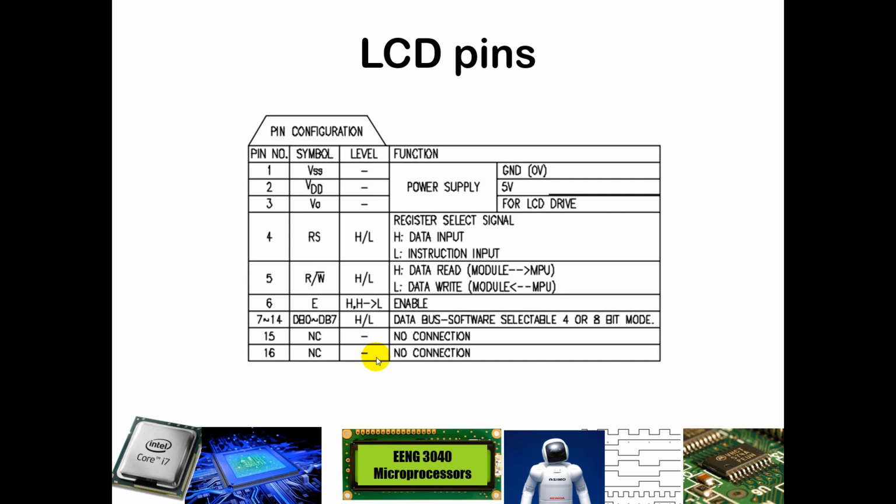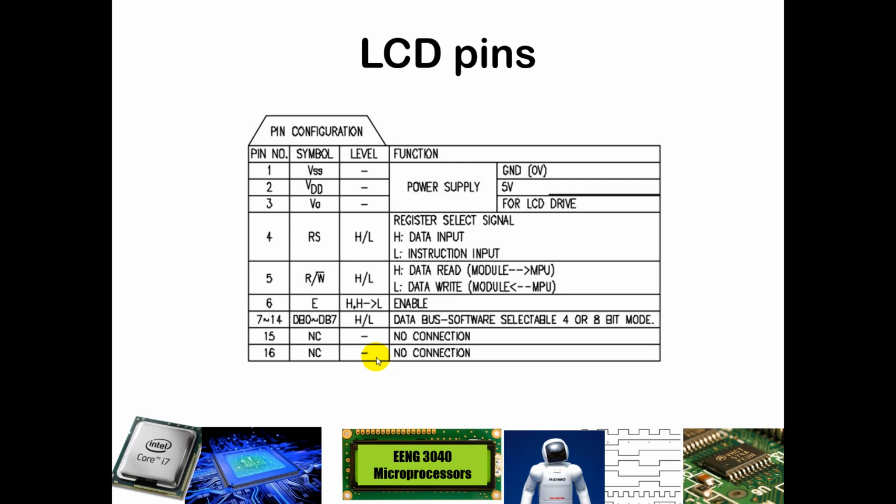Everything that is associated with this LCD is all about some sequential logic. You set up the command or the data that you want on these inputs DB0 through DB7, and then once that's ready, you tell it whether or not it's an instruction or data, and then you clock it in. We will talk about how that is done on the Explorer 8 board in conjunction with our PIC in just a moment.